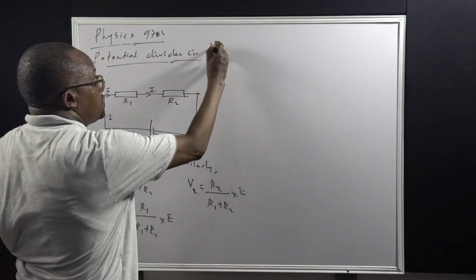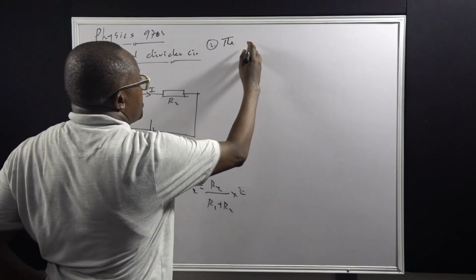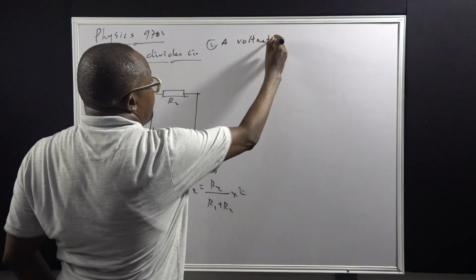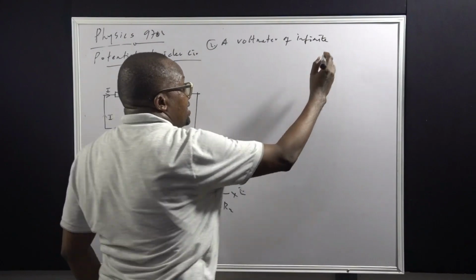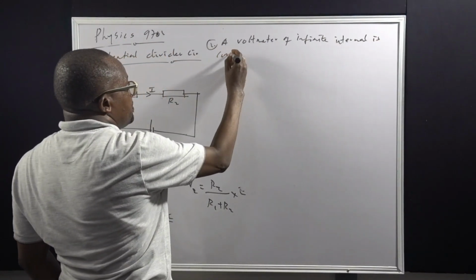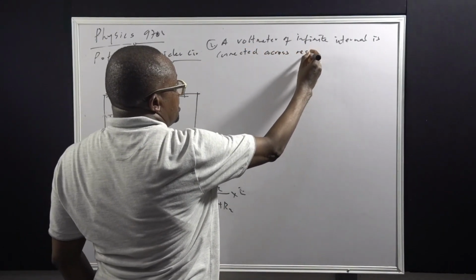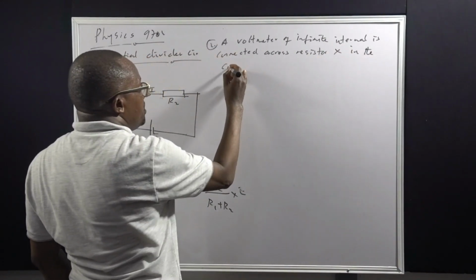Another example. A voltmeter of infinite internal resistance is connected across resistor X in the circuit shown below.